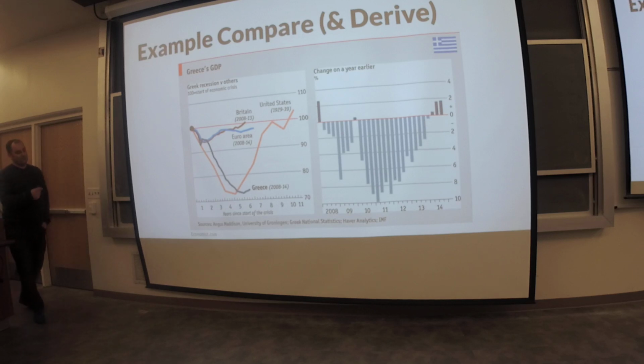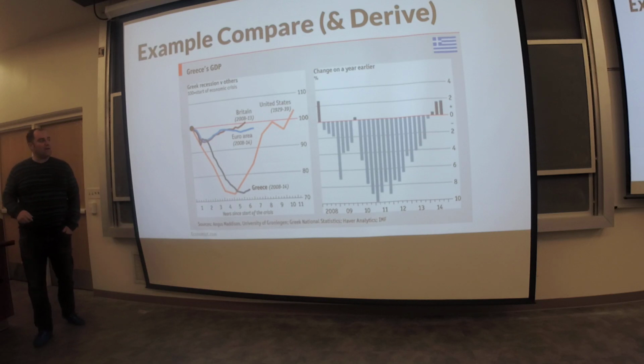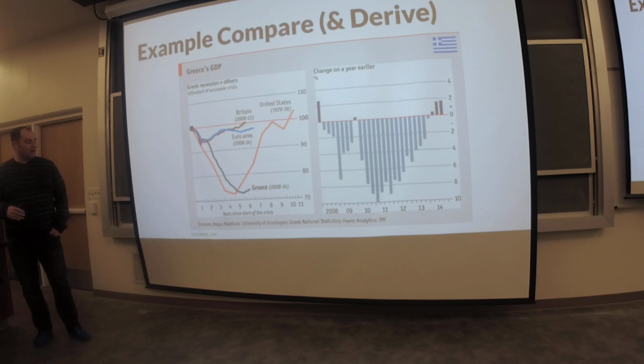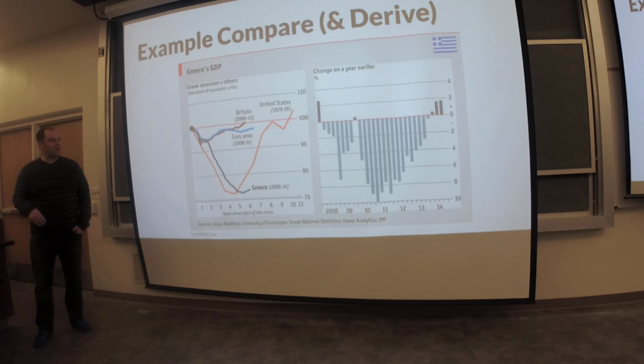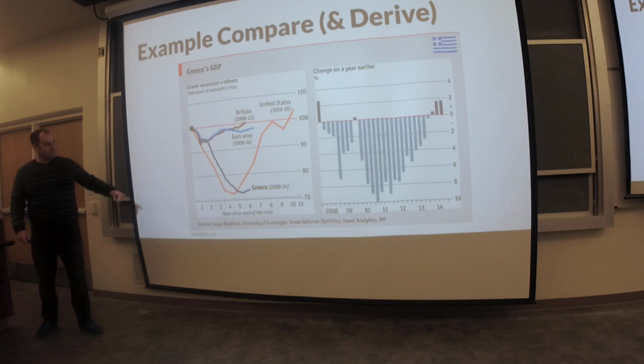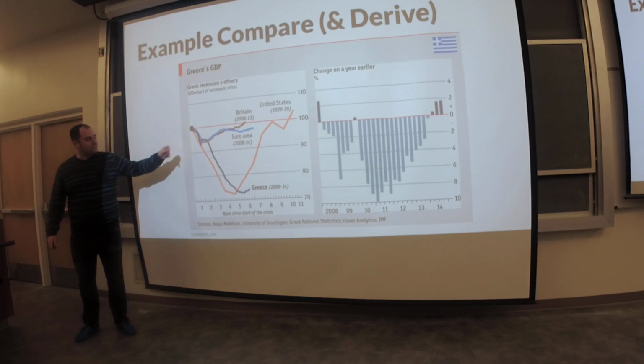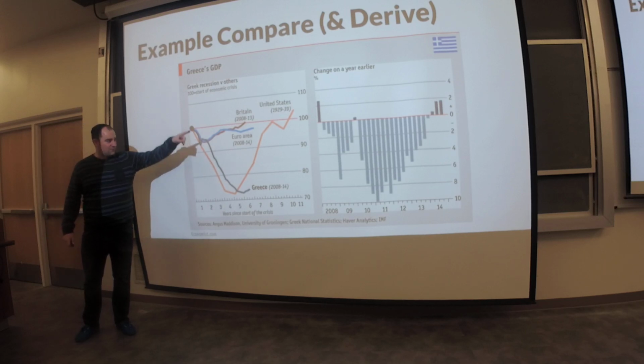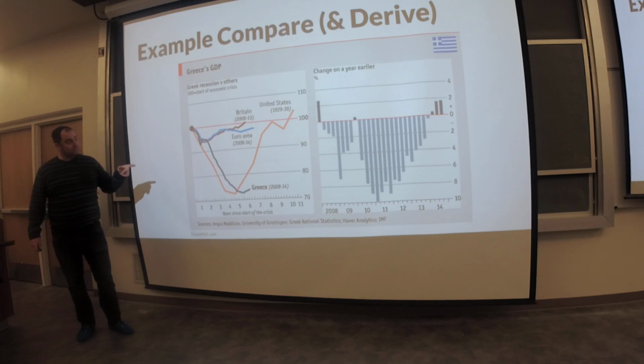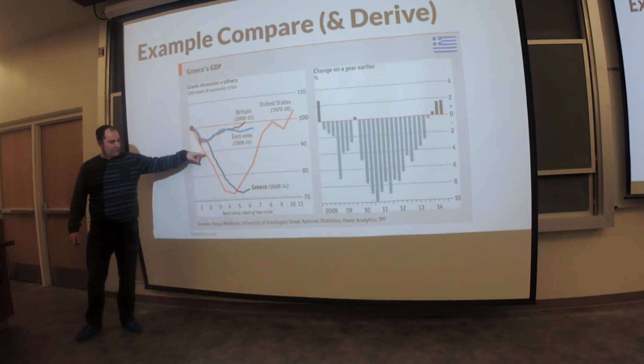The left here is an example of comparing. I have these different financial crises and how they affected the GDP in terms of percentage change. And you can see the 2008 financial crisis in the euro area versus in Britain versus in the United States, like this was the Great Recession in 2009, and how Greece compares to that.